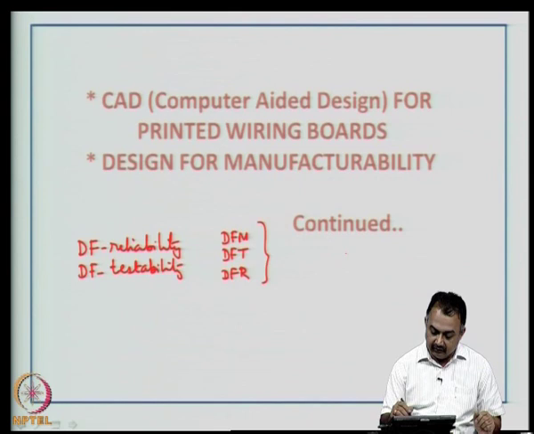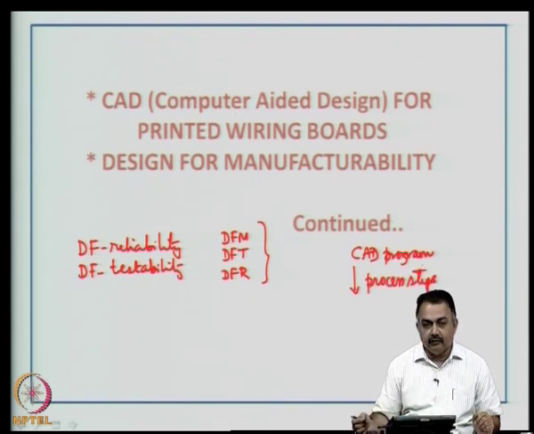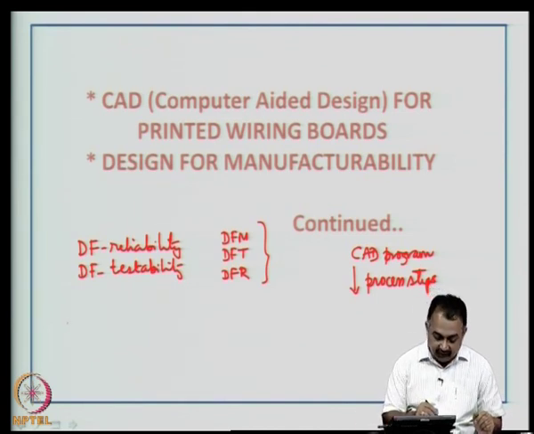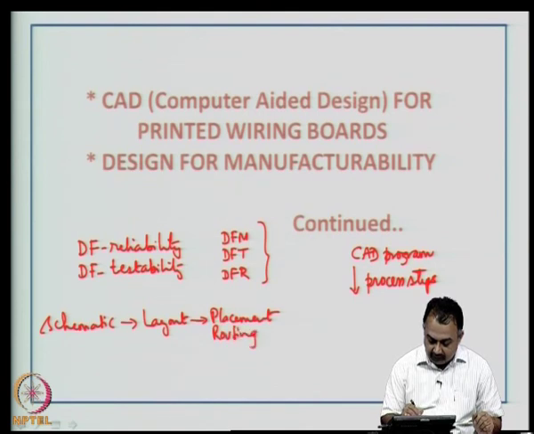We have seen in this particular chapter the process flow for any CAD program or software, and we have also seen the process steps, starting from a schematic to the layout module, and then the layout module contains the placement, then the routing, and then the post process files like text file generation and so on.